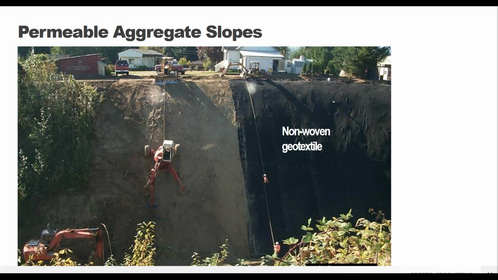In this case, they also decided to use a non-woven geotextile over the freshly regraded slope. They did this because they were going to use stone infill. And that's sort of why you may use a geotextile underneath the system if you have two very different materials.